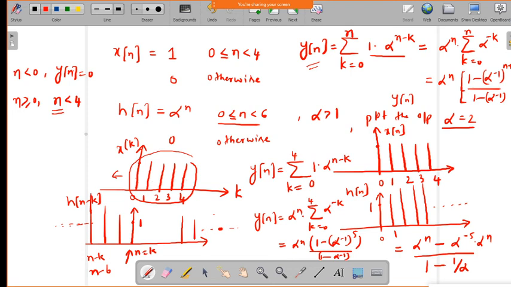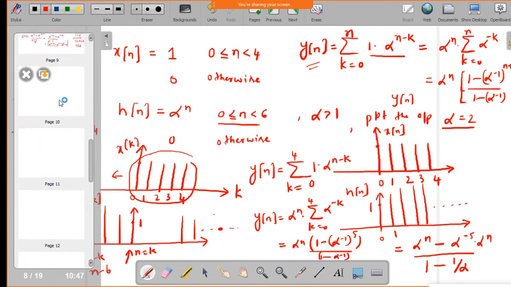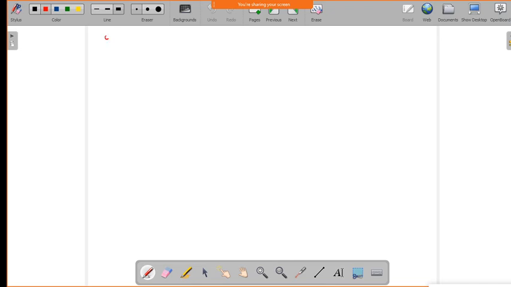That means whenever n is greater than 4 and n minus 6 is less than or equal to 4, you will get the summation, so your y of n will be equal to the summation k equal to n minus 6 to 4.